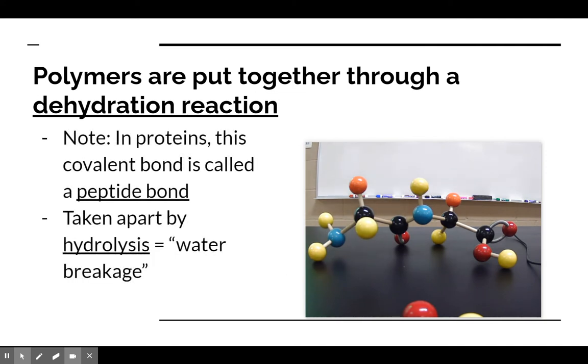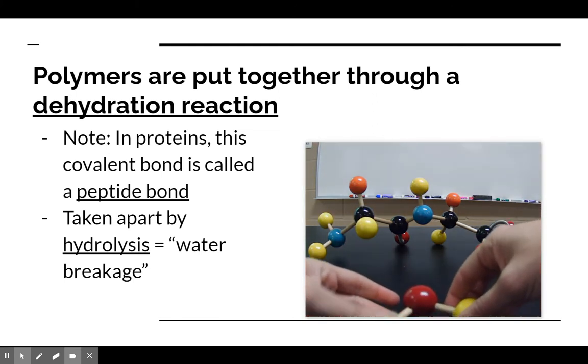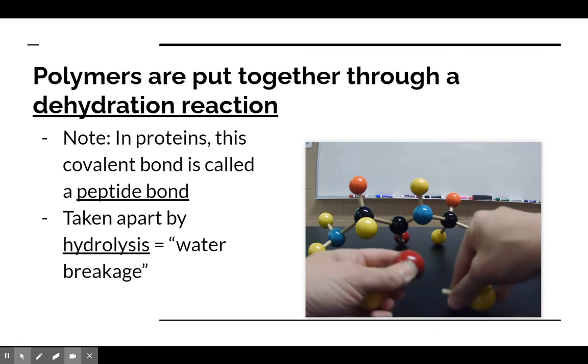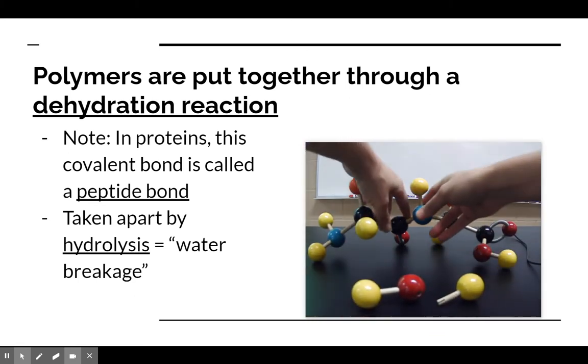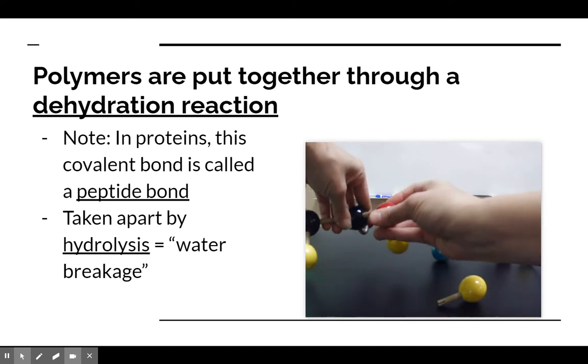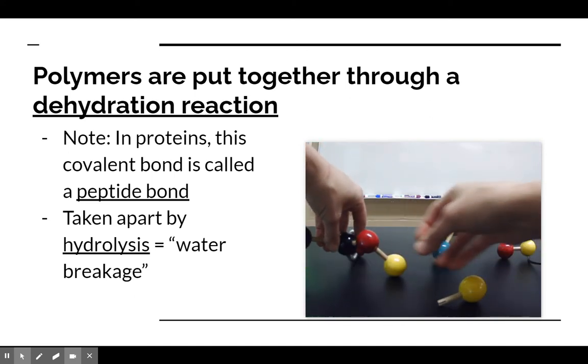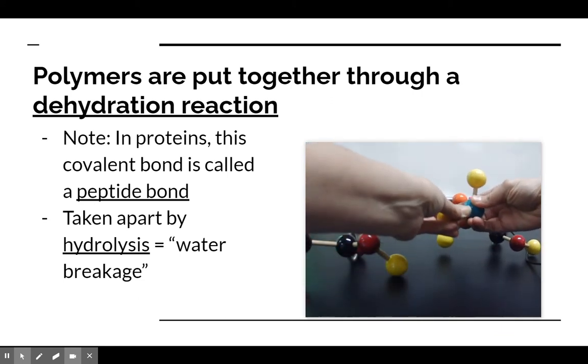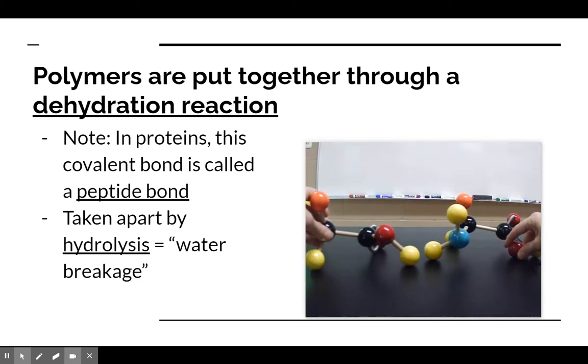The word hydrolysis literally means water breakage. So hydro obviously refers to water. The lysis part, if you think back, you may have heard of a lysosome. Lysosomes break down waste in a cell. The word to lyse something means to break it.